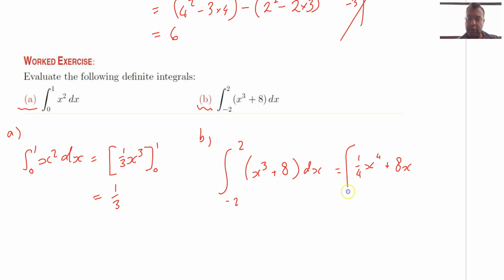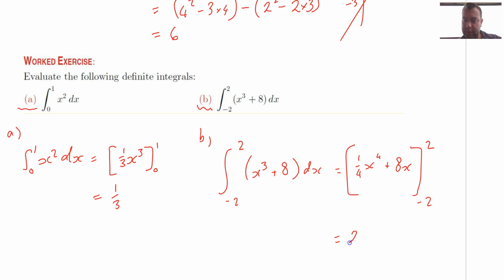Remember, we don't need to worry about our constant here, because it's a definite integral, because I've got these bounds in here from -2 to 2. But I do have to substitute those things in. So, we kick off with 2. 2 to the power of 4 is 16. 1/4 of 16 is 4. 4 plus 16 is 20.